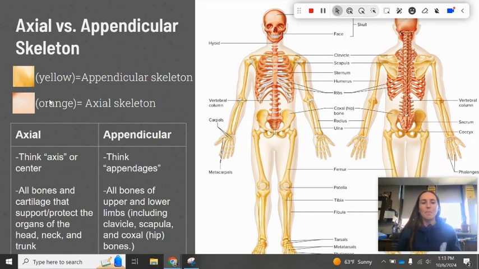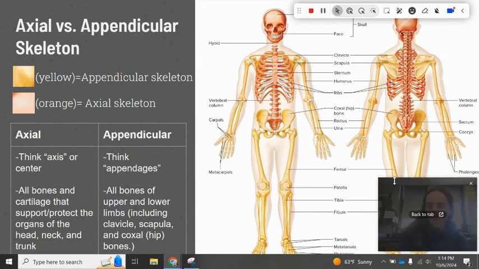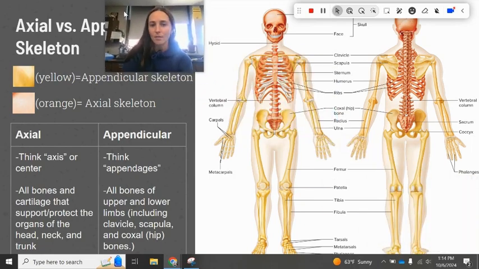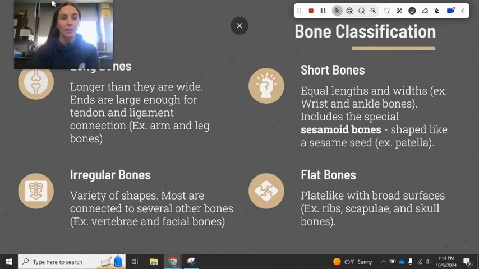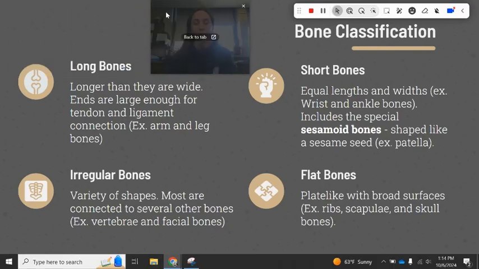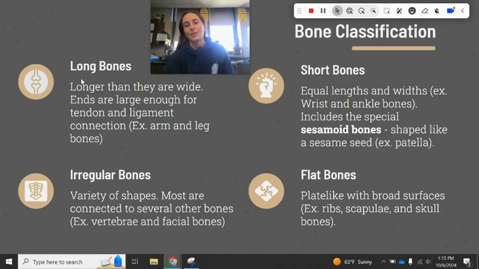And then when I think about the appendages or the appendicular skeleton, that's all the bones of our upper and lower limbs, so our arms and legs, and that's going to include the clavicle, our scapula, and our hip bones. So if you're seeing the yellow bones, the appendicular skeleton on this image, the orange one is going to talk about the axial bones.